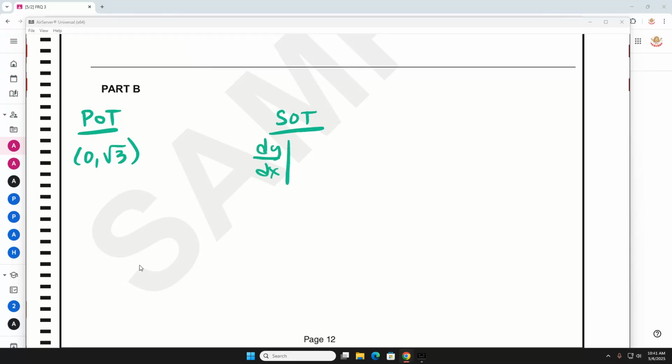All right, to find the SOT, we're going to plug that point into our differential equation. So we're doing 0 for x and square root of 3 for y.